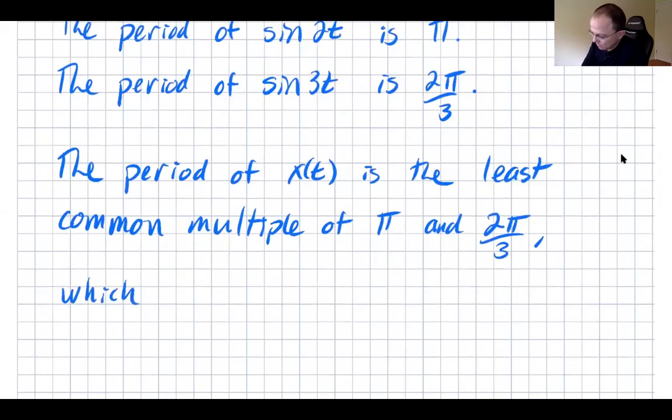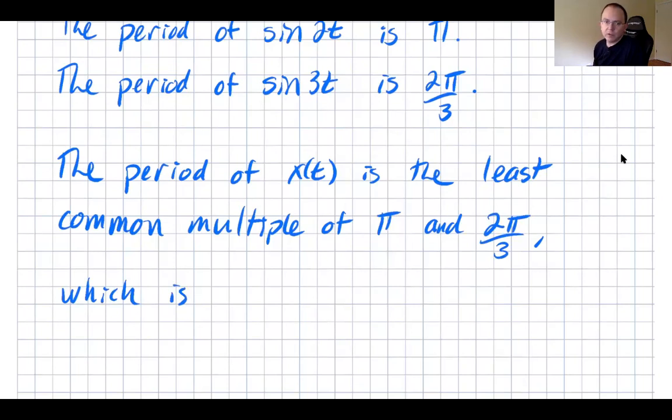So what's the least common multiple? We have pi, 2 pi, 3 pi, 4 pi, and so on. Those are the integer multiples of pi. And then for 2 pi over 3, the multiples are 2/3 pi, and then 4/3 pi, and then 6/3 pi, which is 2 pi.